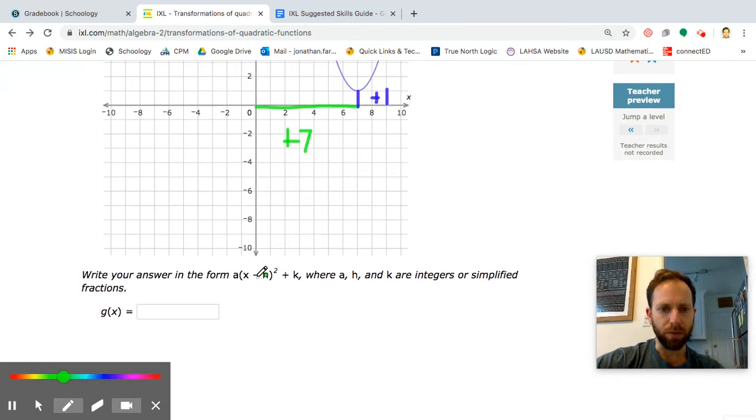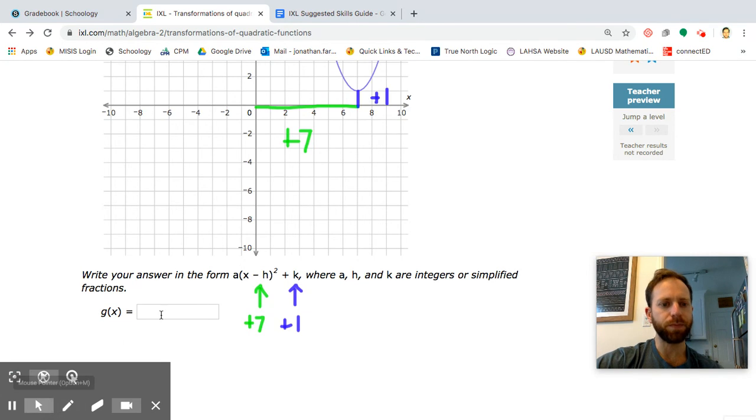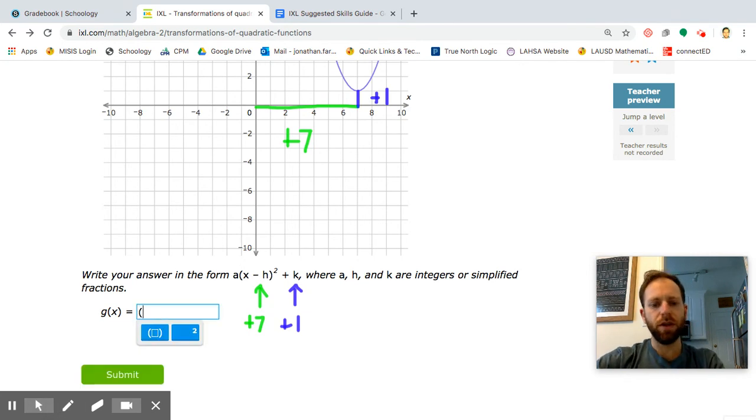So for this h value, we're moving +7. And for the k value, we're moving +1. Just be careful when you plug it in. The biggest mistake that I see is people forget to switch this sign right here. So this would be x minus 7 squared plus 1.